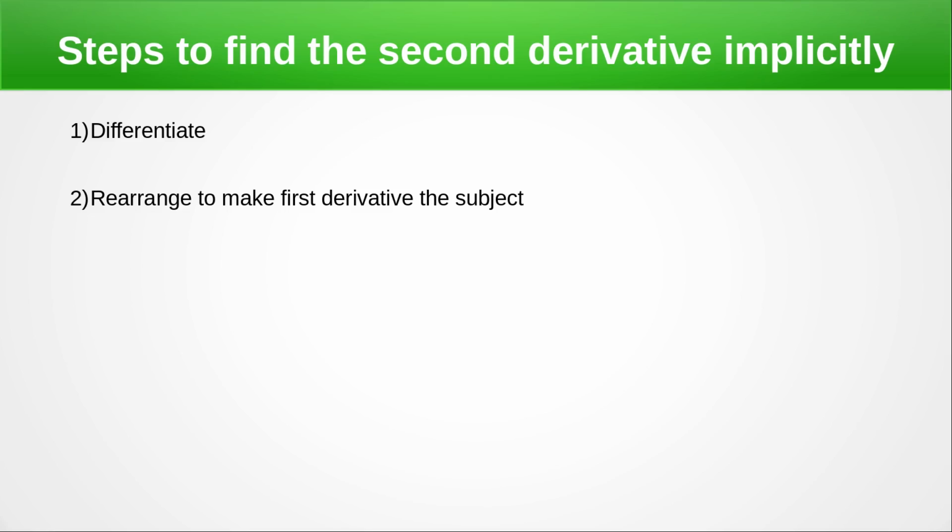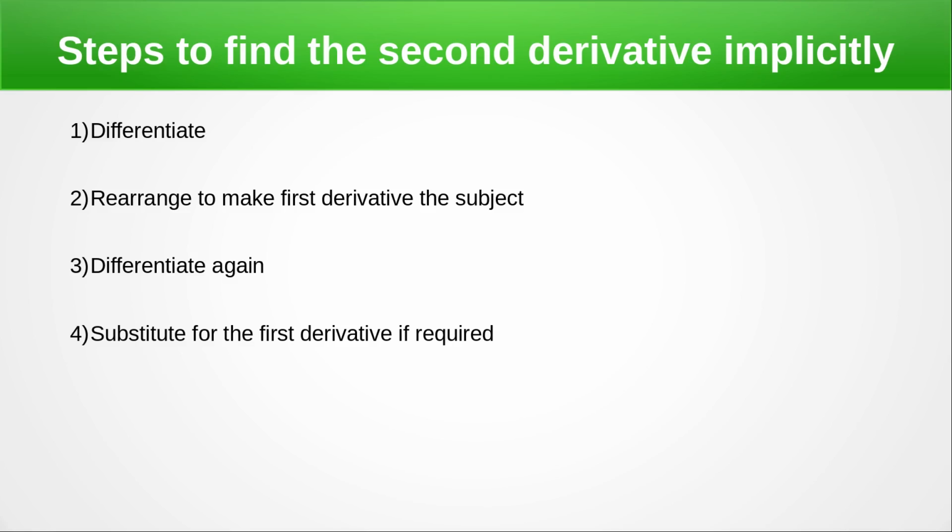Then we're going to rearrange to make dy by dx the subject, and then we're going to differentiate again, and obviously if we differentiate a dy by dx, we'll get a d2y by dx squared. Anyway, when we have the implicit parts, we're going to end up with some more dy by dx's, and we're going to substitute those for the answer that we got here, and that is going to be our answer.